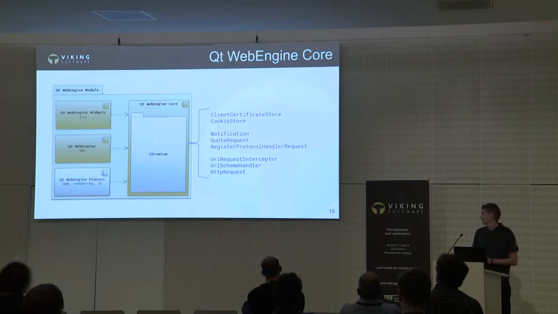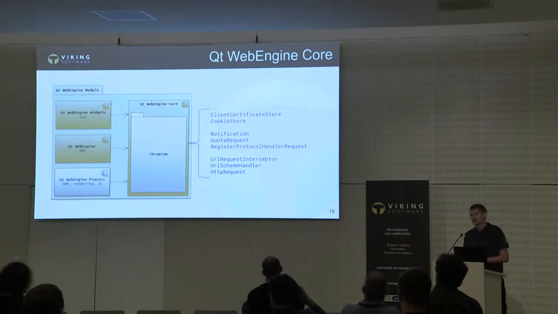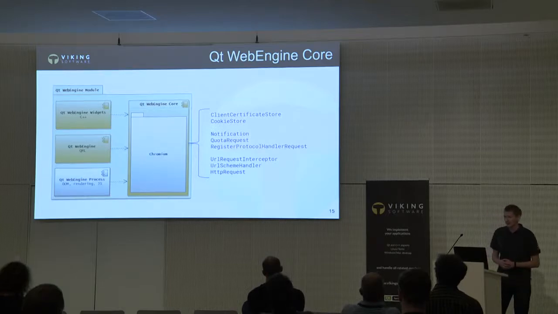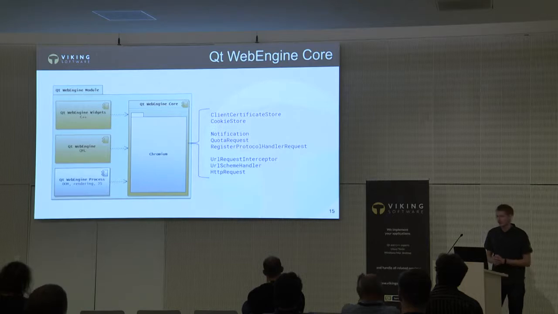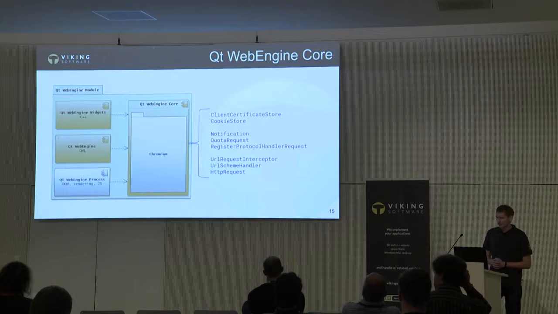Next block is tools that help you to implement features of modern HTML, like notifications and some requests. And the last block is related to the traffic level. It uses interfaces like we saw before.